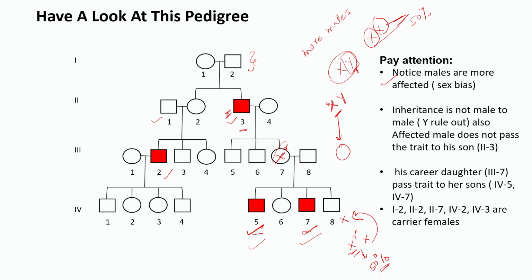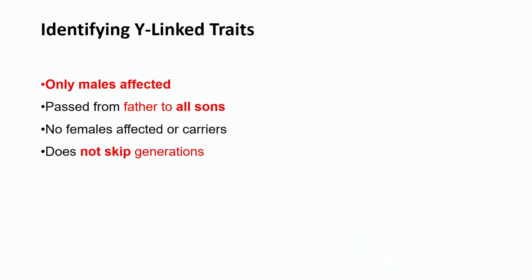So this parent, the number 3 over here, is transferring through this daughter, this 7th, to these two sons. And by identifying that, you can identify how many carriers are there in this pedigree. I would say you just mark them on your own. Okay, so this is the pedigree which is X-linked recessive.